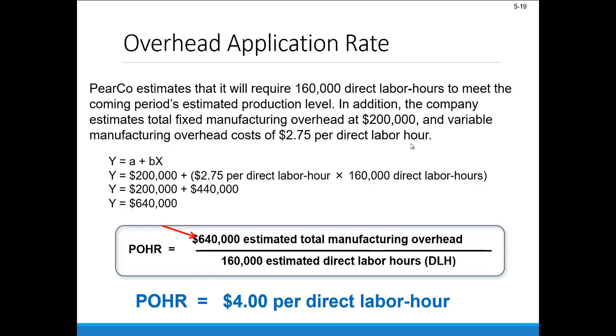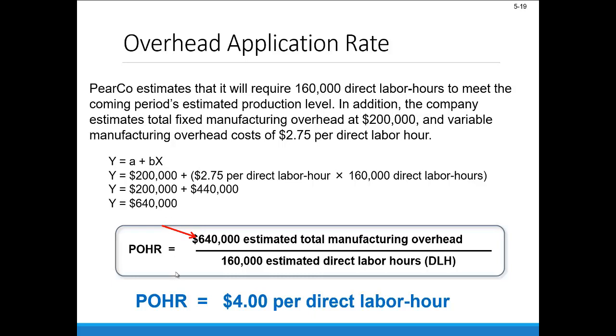So to come up with our predetermined overhead rate, the first thing we want to do is figure out what that total estimated overhead for the year would be. And we'll use our cost formula to do that. Fixed overhead of $200,000 plus the variable piece, $2.75 per labor hour, times the 160,000 expected direct labor hours. And that gives us total estimated overhead of $640,000.